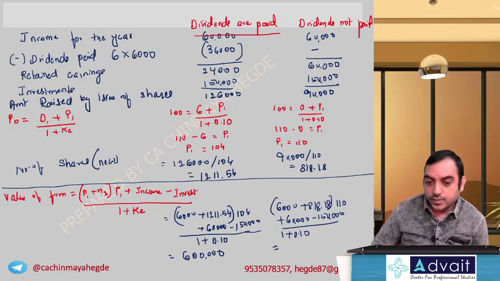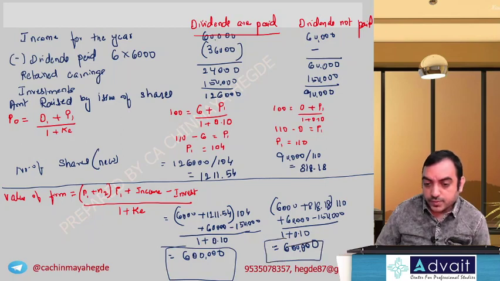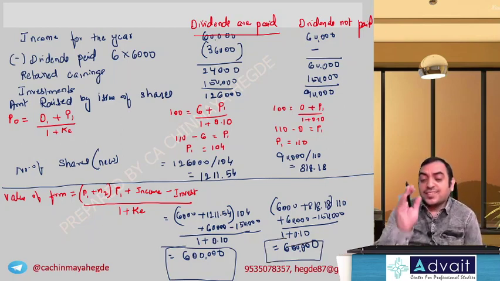You get 6 lakhs. So you see, whether dividend is paid or not paid, the value of the firm is the same.